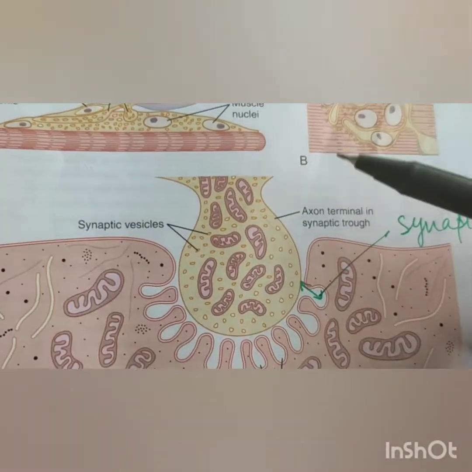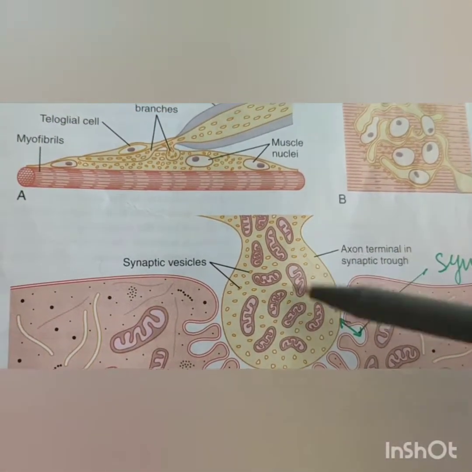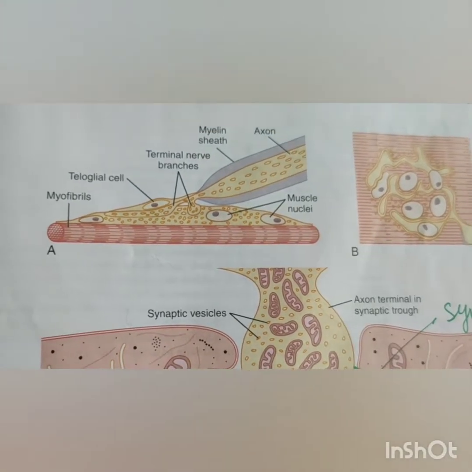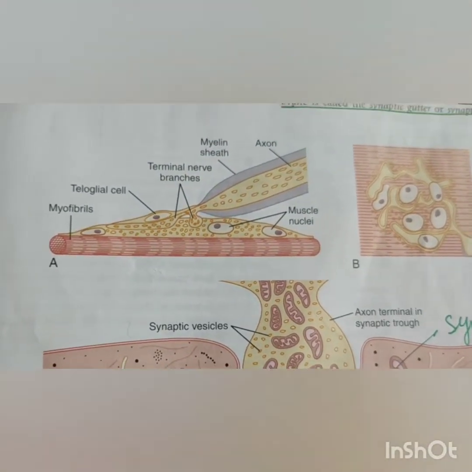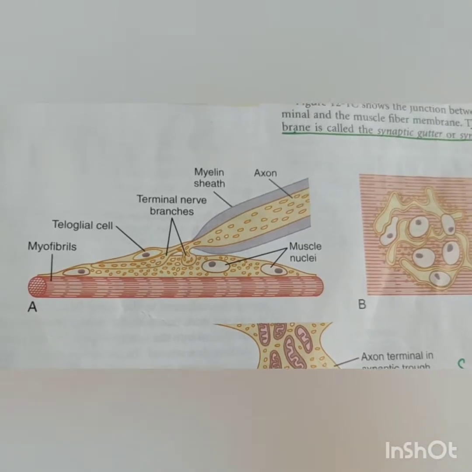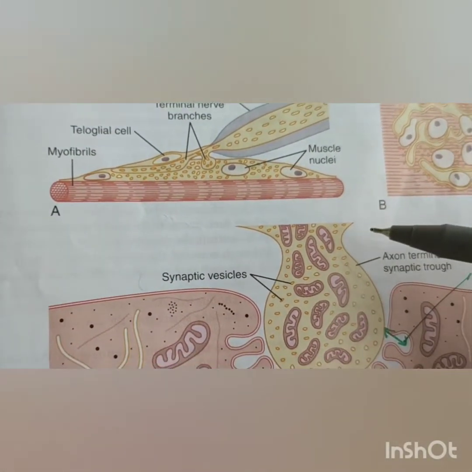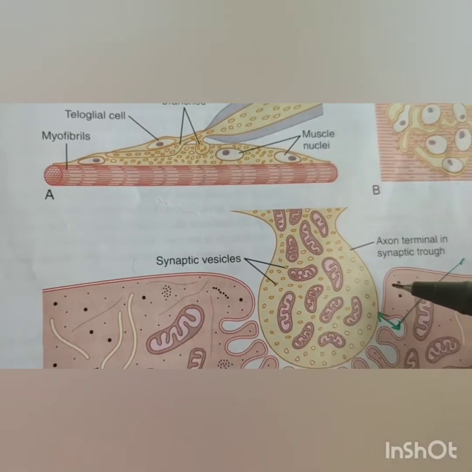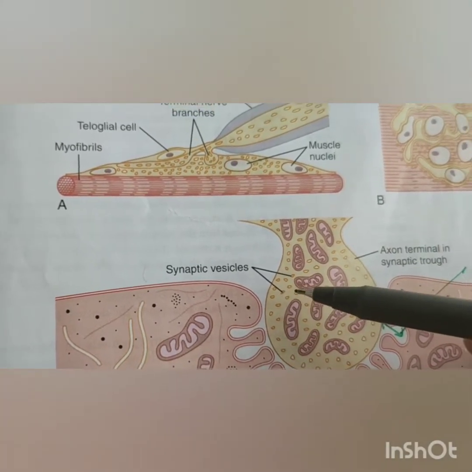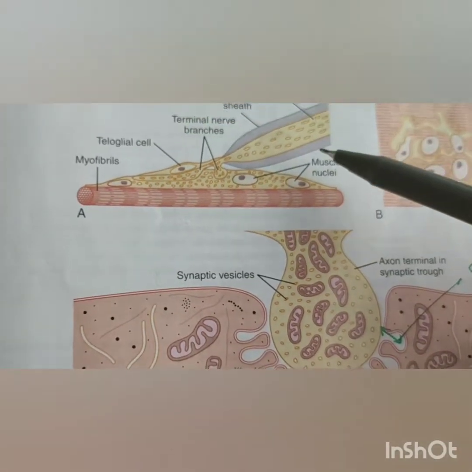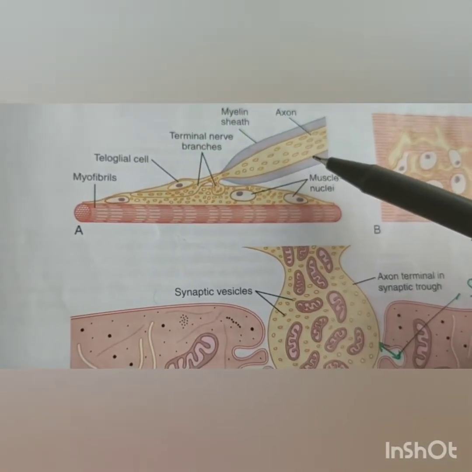As you can see in the axon terminal, there are a lot of mitochondria. As we know, mitochondria are the powerhouse of the cell, so they supply ATP for the synthesis of acetylcholine. Acetylcholine is synthesized here in the axon terminal only. The vesicles in which acetylcholine is stored come from the cell body, where Golgi bodies create them, and they are then transported to the terminal.